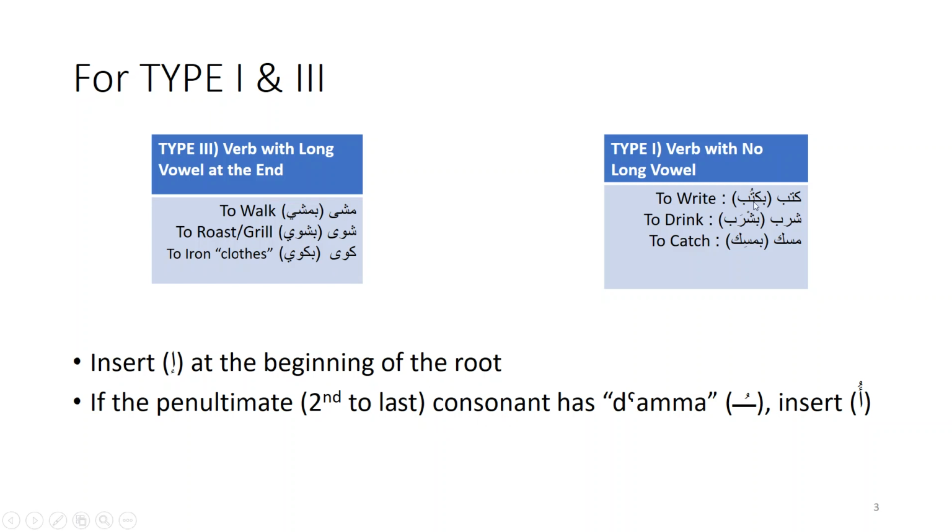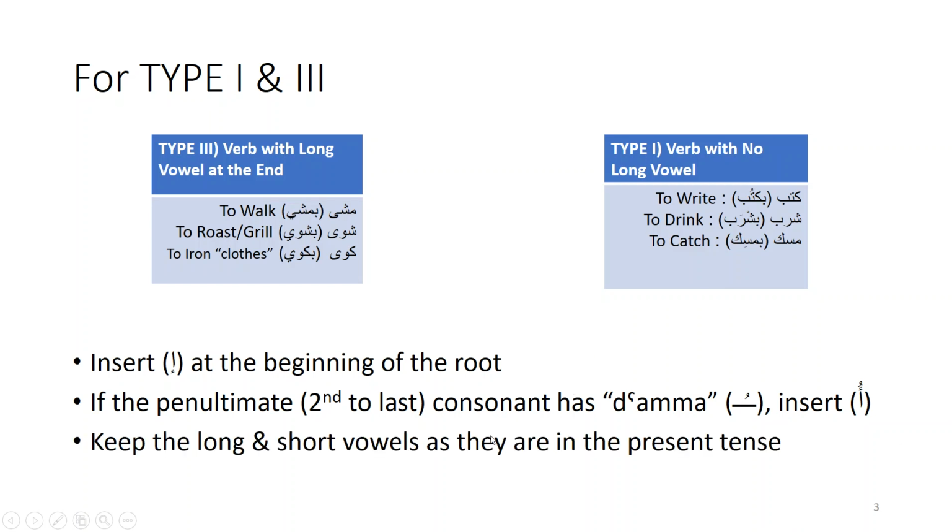For example, katab, biktub: the ta has dhamma, it's the second to the last consonant of the present, biktub. So we need to know that, because instead of E, we have to insert a U. Last but not least, we have to keep the long and short vowels as they are in the present tense, like to keep the ya, or the dhamma, or the kasra here, bimsik, sik.